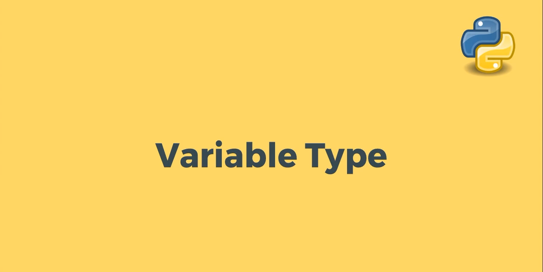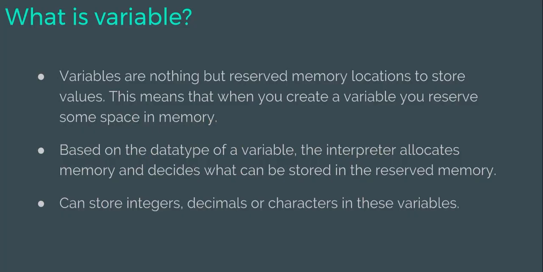In this lecture we will see what a variable is and how to assign a value to a variable in Python. First, let's discuss what a variable is. Variables are nothing but reserved memory locations to store values.